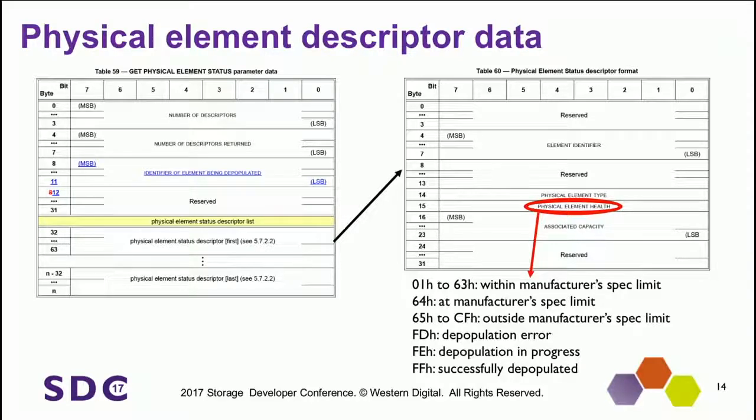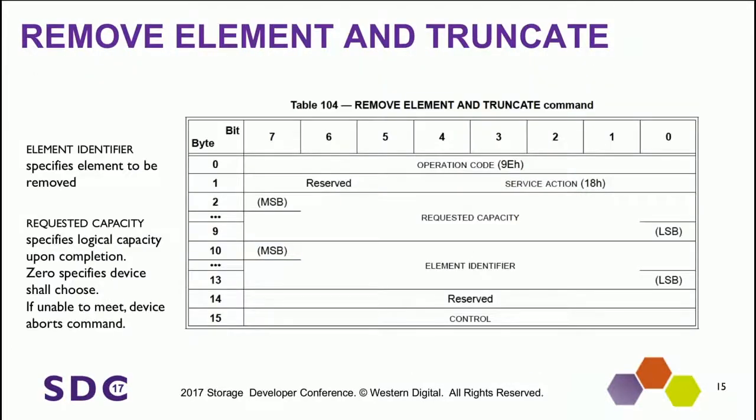So the host then can subtract this associated capacity from the current capacity of the device, and it knows that that's an upper bound on what it can ask for in the requested capacity field. So does that all make sense? Cool.